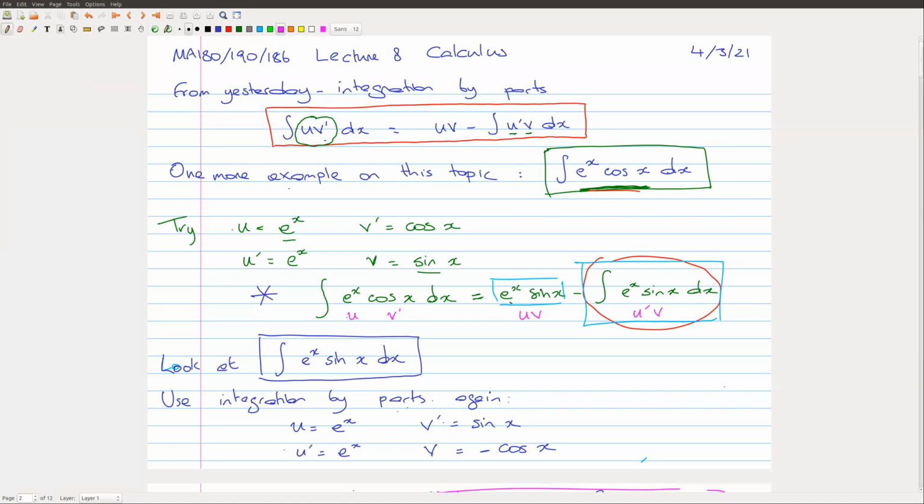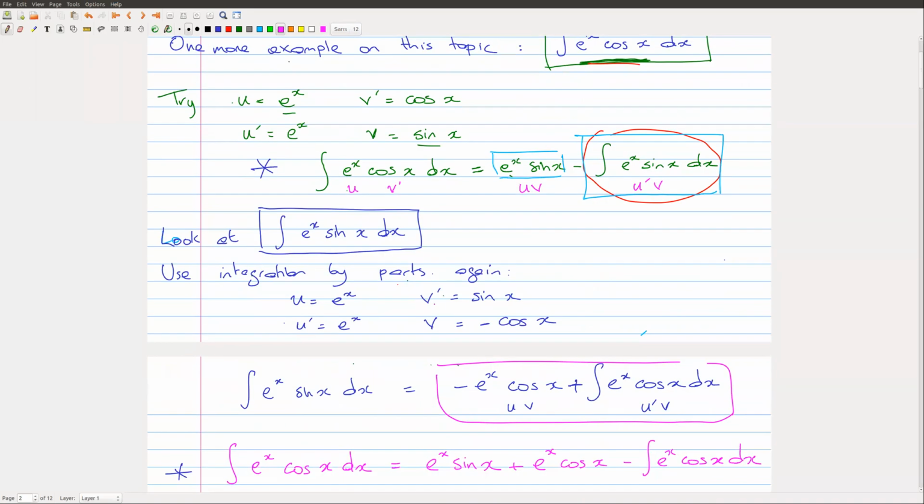It is, yeah. Did I do something wrong? So the derivative of cosine is minus sine. Antiderivative for sine is minus cosine.